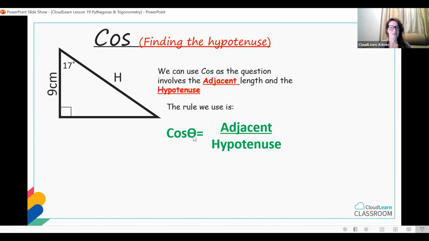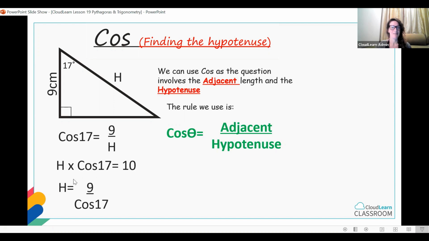Cosine of the angle is equal to the adjacent divided by the hypotenuse. Substituting the values in, cosine 17 is equal to 9 over h. And again, we've got the unknown on the denominator, so we're going to have to do that swap trick there. We're going to times both sides by the hypotenuse. h times cos 17 is 9. And then h is 9 divided by cos 17.